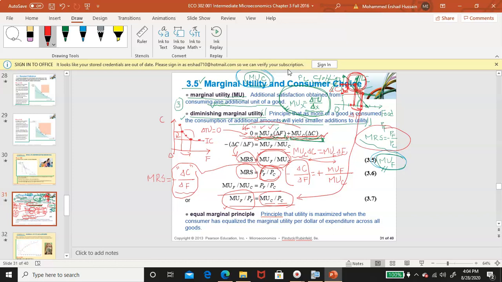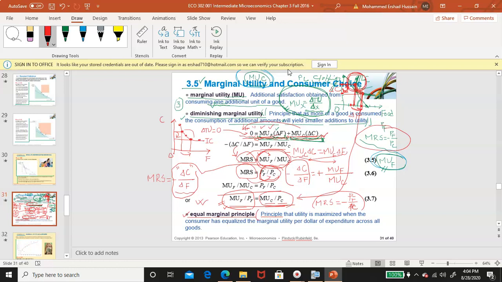Before, in the previous slide, we showed you MRS is equal to the price of food over the price of clothing, and now we show you that MRS is also equal to the ratio of marginal utilities, which we already know is equal to the ratio of prices. Therefore these two sides must be equal. This condition is called the equal marginal principle.